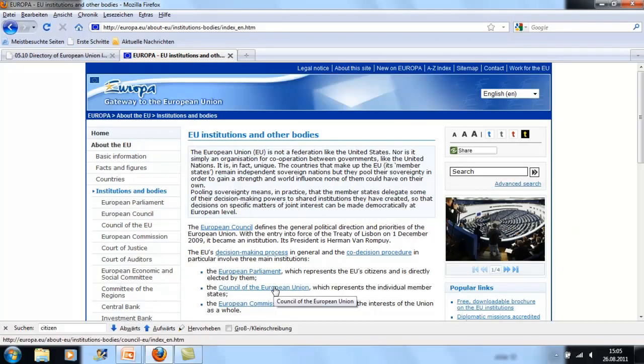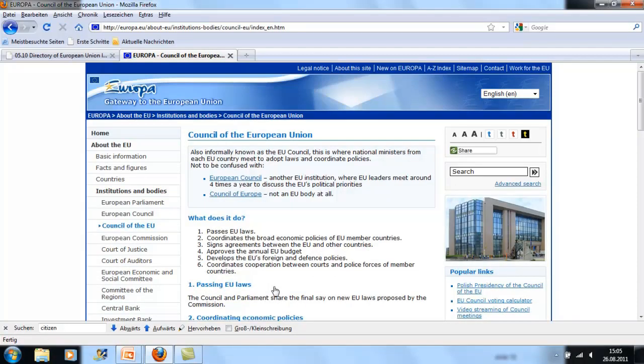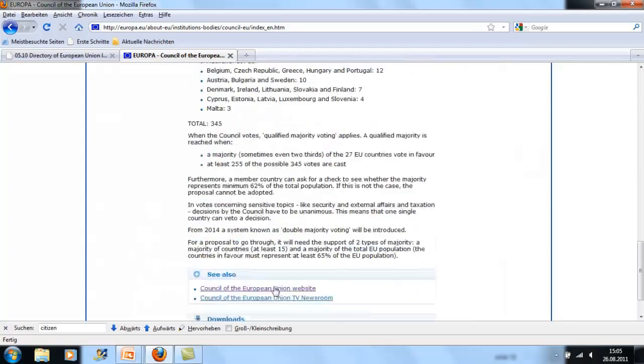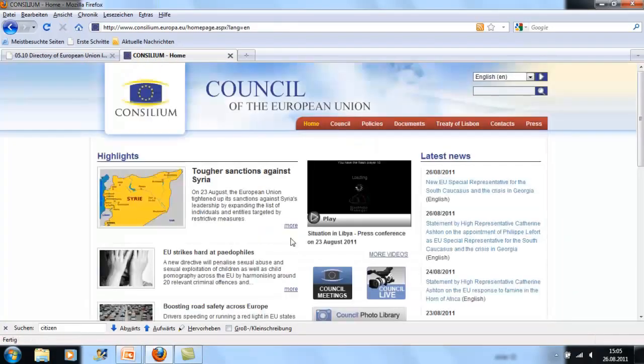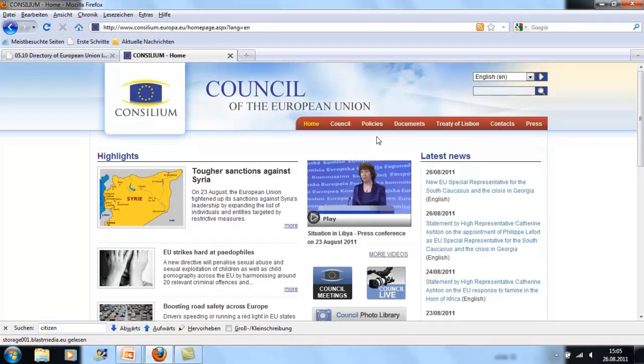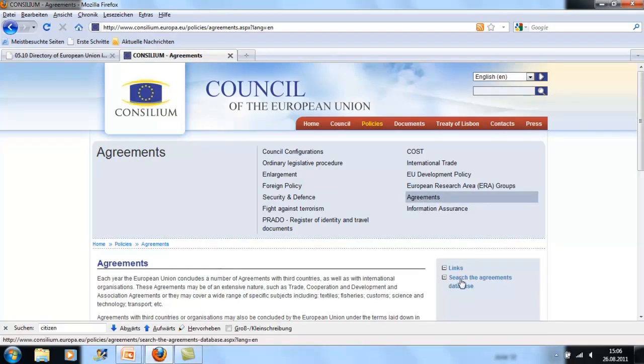Click on Council of the EU, and then scroll down to access the web page of the Council. Then click on Policies, Agreements, and search the Agreements database.